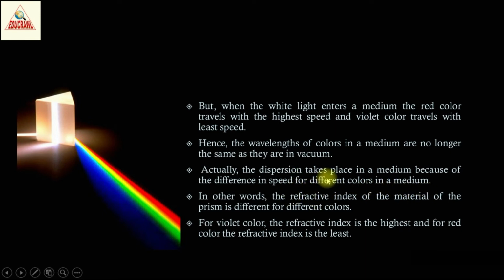Since they travel with different speeds, dispersion takes place. That is, the angle by which they are deviated from the incident ray is different for different colors. In other words, the refractive index of the material of the prism is different for different colors. For violet color, the refractive index is the highest, and for red color, the refractive index is the least.